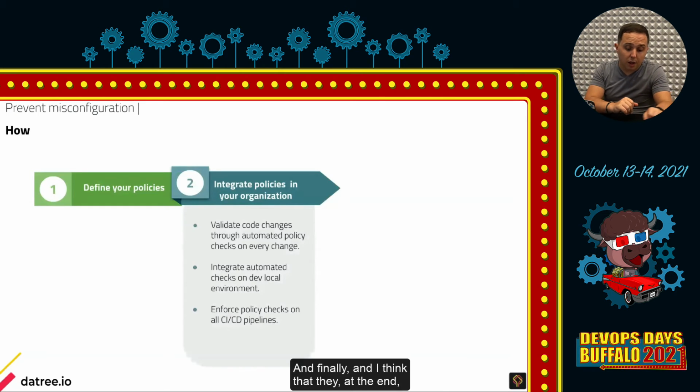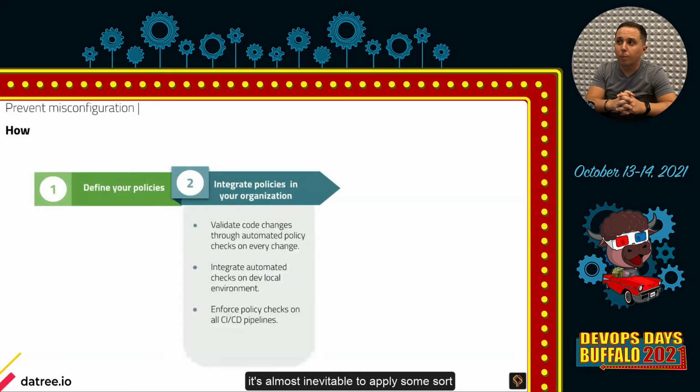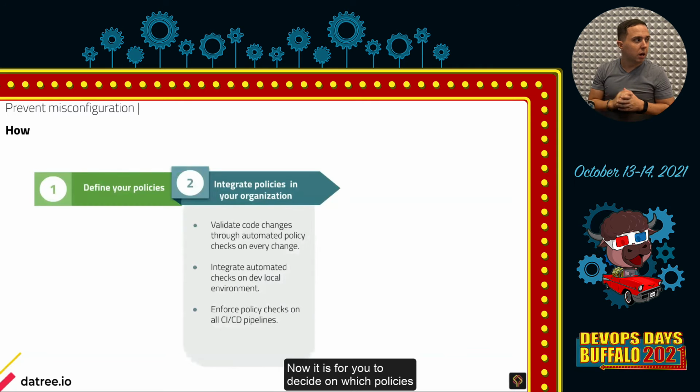And finally, I think that at the end, it's almost inevitable to apply some sort of an enforcement layer onto your CI/CD, because this is the last resort, this is the last gateway. Now, it is for you to decide which policies you apply it on and which you do not. Maybe you did not write a nice README.